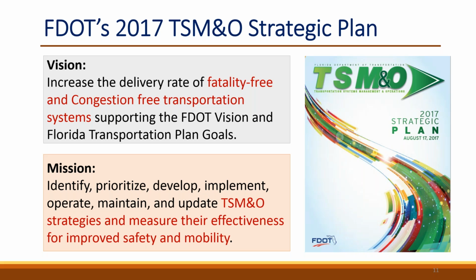The main vision of this strategic plan was to work towards a fatality-free and congestion-free transportation system, which again is consistent with the goals of the FDOT and the transportation plans, which is to improve safety and mobility. So the vision is to have 0 fatalities and a congestion-free transportation system.